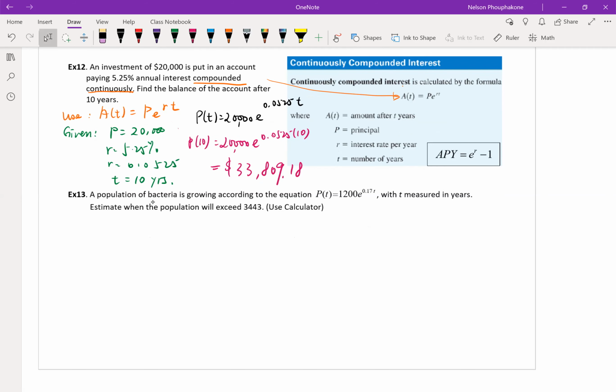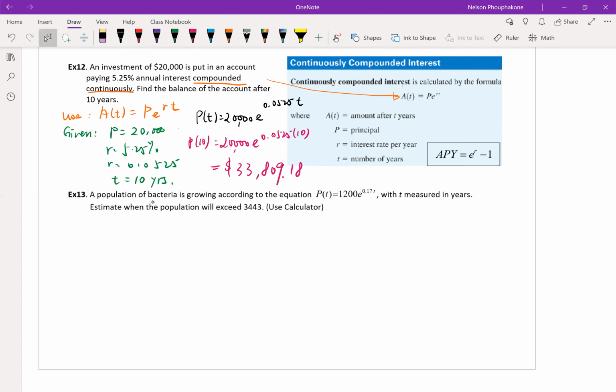Okay, so the last example is the example that we need to use a calculator to do right now. After section 4.3, after we learn the log functions, we will be able to use the log function to solve this problem algebraically.